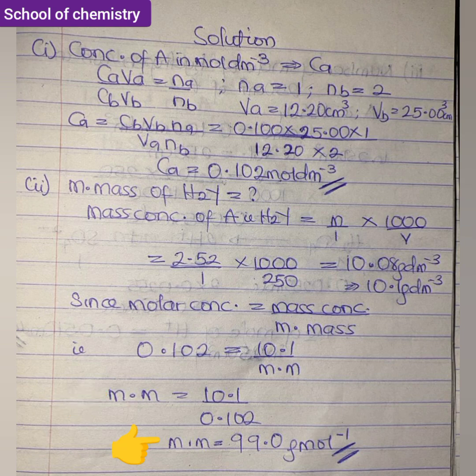So at the end, my molar mass is 99.0. You can see again, I gave the answer in 3 significant figures. It's very important that you do that, because sometimes when you do not give your answer in 3 significant figures, WAEC would not score you. So my molar mass here is 99.0 gram per mole.